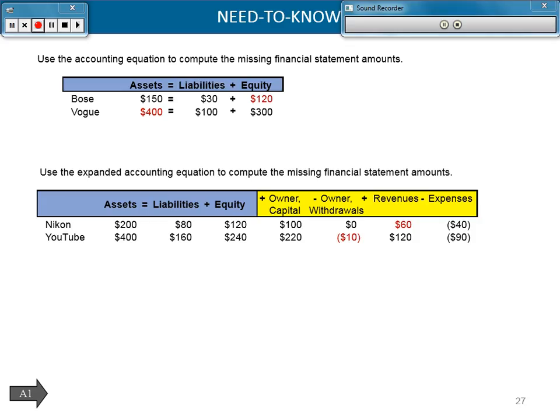That's $10. Where are we getting these amounts from? Just look at it for a minute. On the capital. Let's do minuses. 220 minus 120 gives you what? 100.